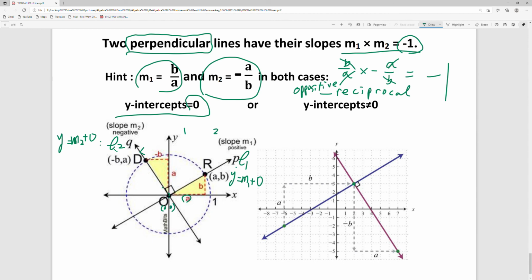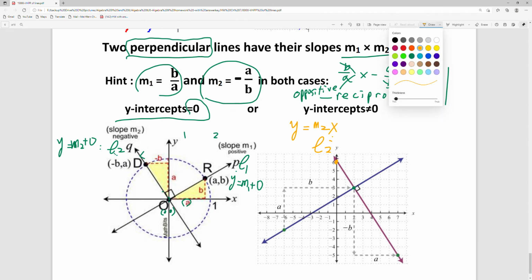Okay, and then when you move these same two lines to a new intersection location here, now they may have different y-intercepts. So let me change color. So this one, say the intercept, for example, is 6. And this is line 2, y equals m2, same slope, okay? x, oh sorry, I forgot to write down x.